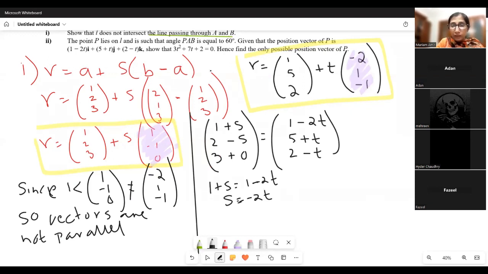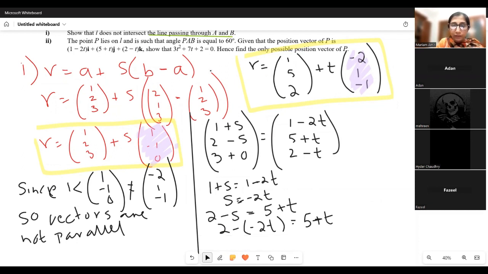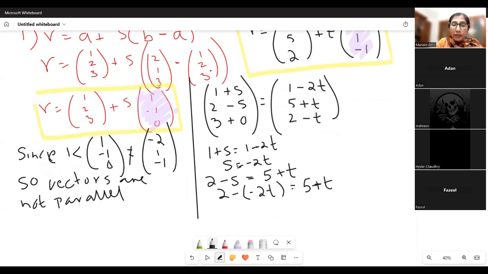Then from the second equation, 2 minus s equals 5 plus t. So 2 minus (minus 2t) equals 5 plus t. So we're getting minus 3 equals minus t. So t equals 3.